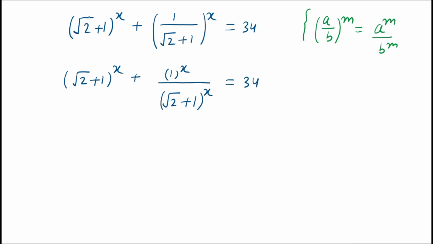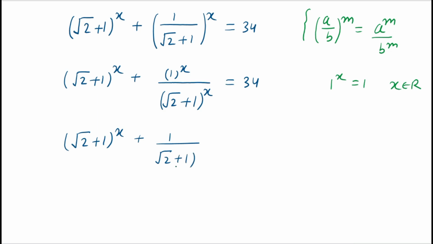Now we know that 1^x is equal to 1 if x belongs to real numbers. So this 1^x is 1. Then (√2 + 1)^x + 1 over (√2 + 1)^x is equal to 34.